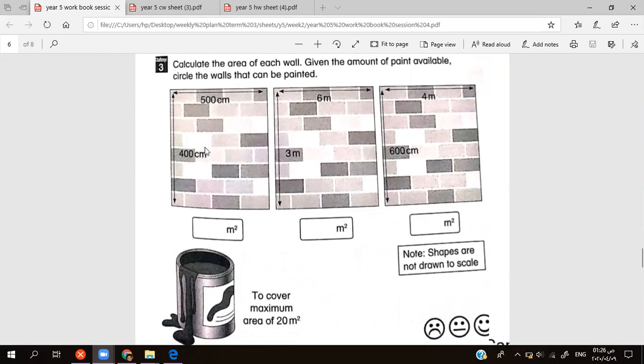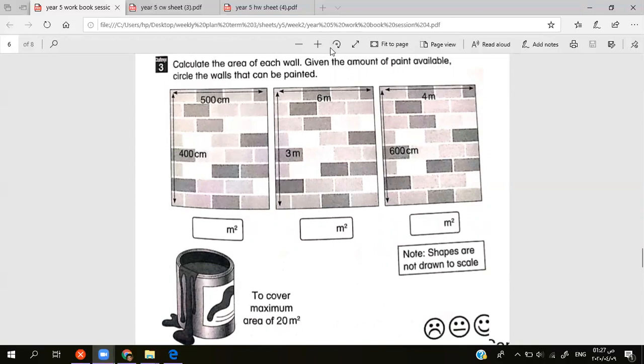There's a trick here. What's the trick? This is meters squared; he wants the answer in meters squared, while here it is centimeters and here it is centimeters. So after I multiply them, I must know that the answer is centimeters squared. I must turn it from centimeters squared into meters squared.